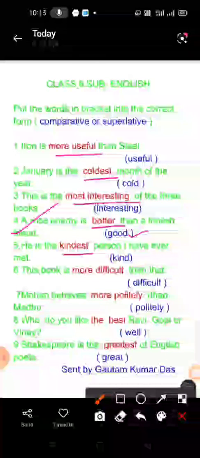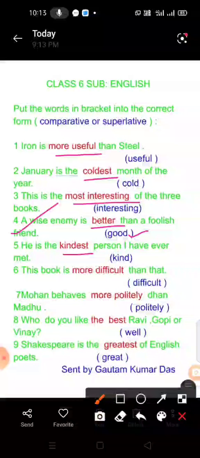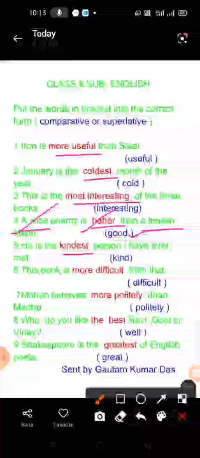Good is positive degree, its comparative degree will be better, and its superlative degree is best. What will be here? Here will be better. Why? Because than a foolish friend, a wise and a foolish, here are the two.